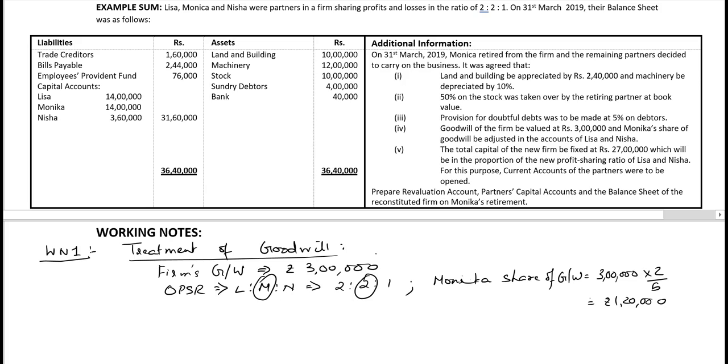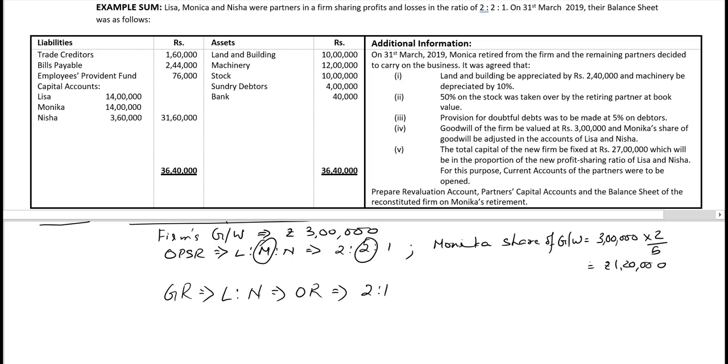There is no mention about the gain or gaining ratio or new profit sharing ratio between the continuing partners Lisa and Nisha. Therefore, the gaining ratio between Lisa and Nisha is equal to their old ratio, which is equal to 2:1. So the treatment of goodwill, the journal entry, we'll debit Lisa's capital account, we'll debit Nisha's capital account, the two gaining partners, and credit the retiring partner, Monica's capital account.